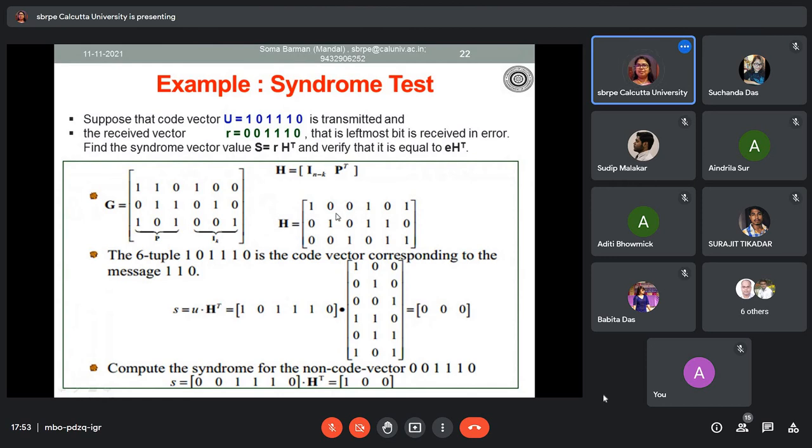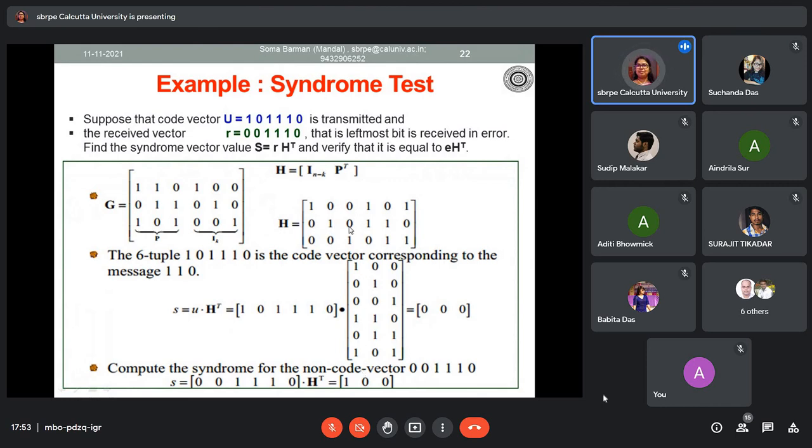This is H, and if you transpose it, it will be 1 0 0 1 0 0, then 0 1 0 0 1 0 0 0 1 0 0 1. Sorry, this is the transpose, so rows will become columns. So 1 0 0 1 0 1, 1 0 0 1 0 1.